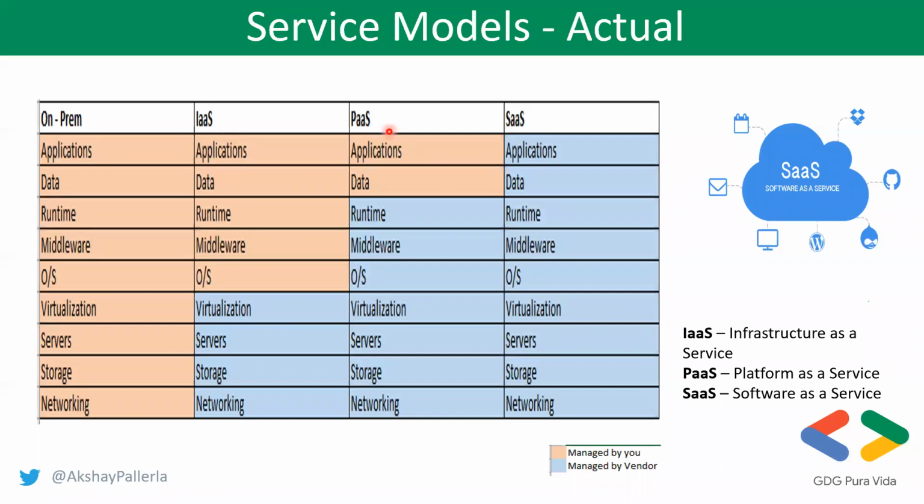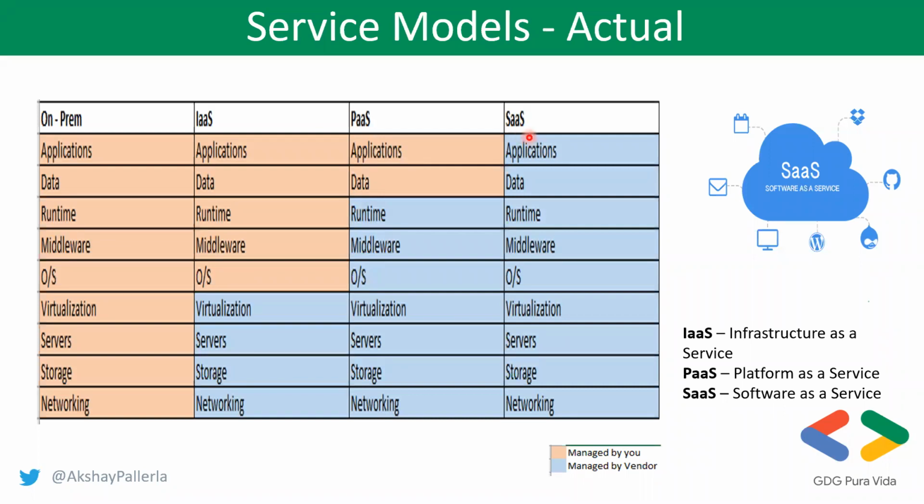Then we have platform as a service. The abstraction level increases for the user. They need not worry about any OS or the dependencies and all. You just have to develop your application on that platform as a service and deploy it. And then software as a service application.